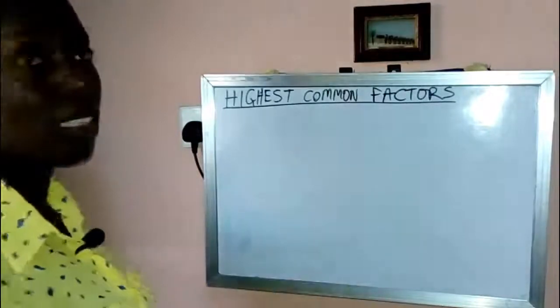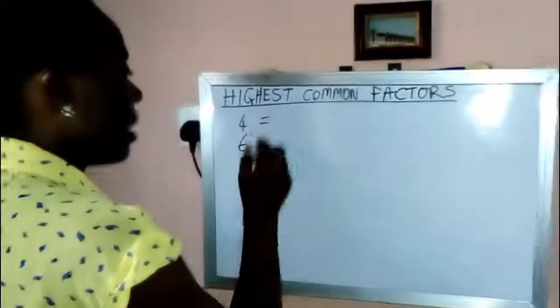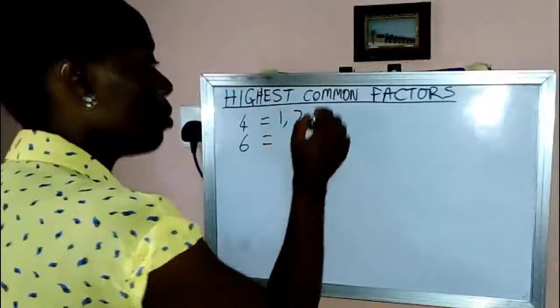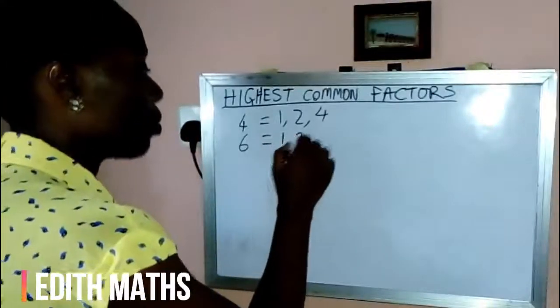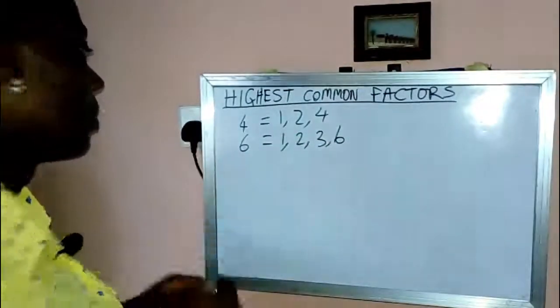Now when you're looking at two numbers, for example, let's see 4 and 6. Let's see the factors of 4 and 6. For 4 we have 1, 2, and 4. For 6 we have 1, 2, 3, and 6. Now these are factors of these numbers.